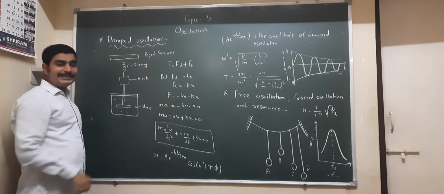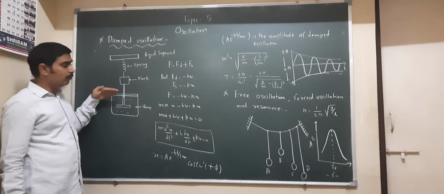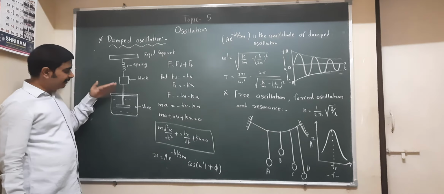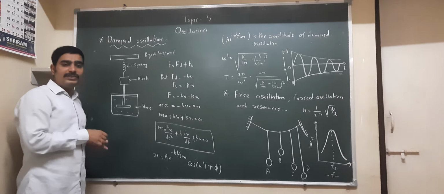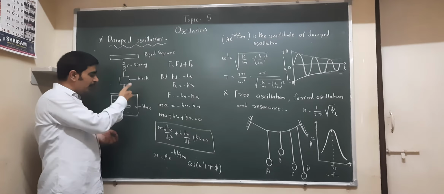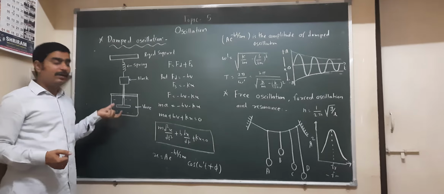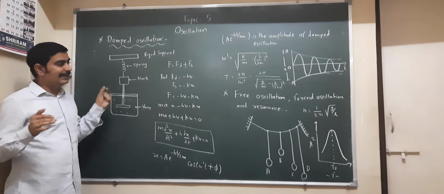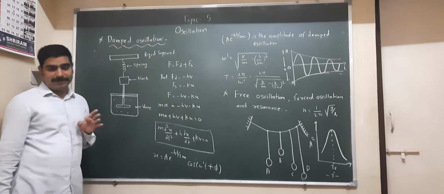When the oscillations are given, the spring will provide the restoring force, and the block will be set into oscillation, and at the same time the vane will also be set into oscillation, and the mechanical energy will get transferred. But due to the opposition by the water, the amplitude goes on decreasing, and it will become zero. So that kind of experimental arrangement is here.